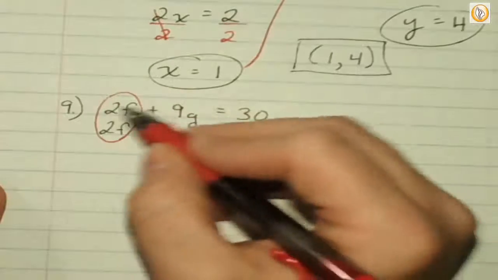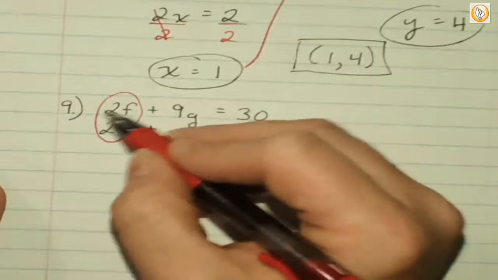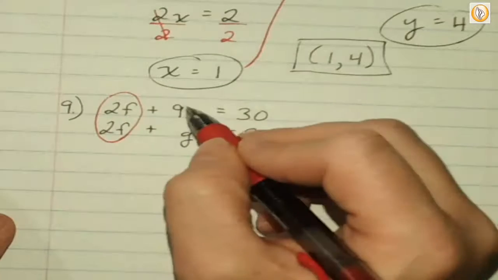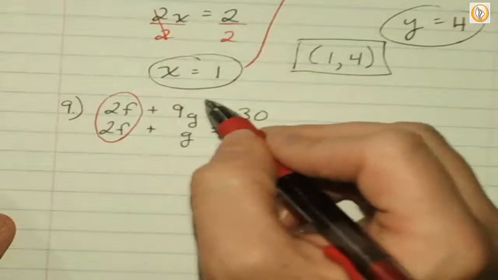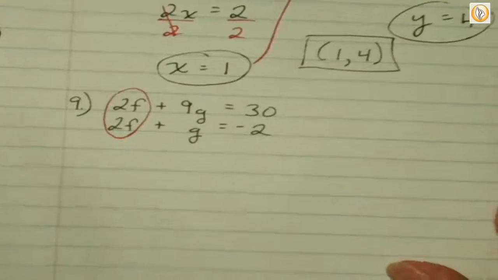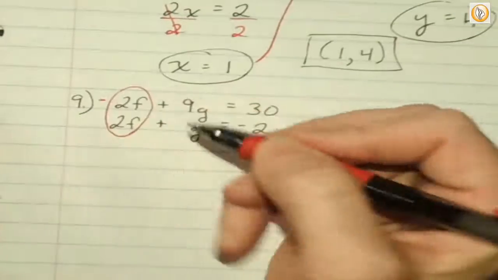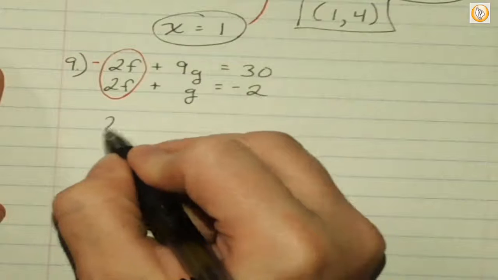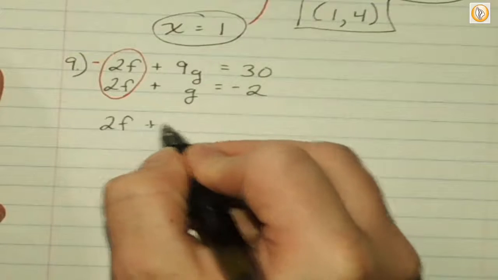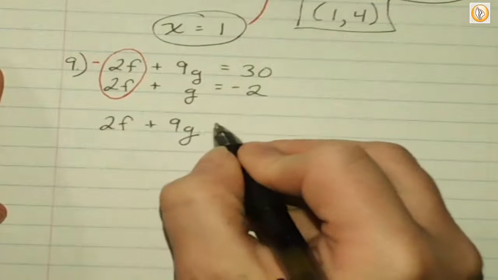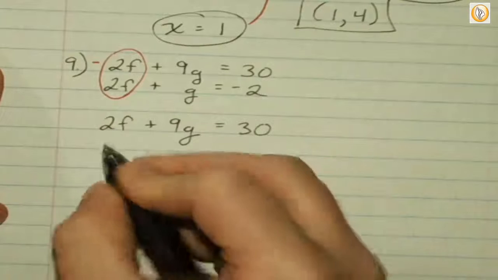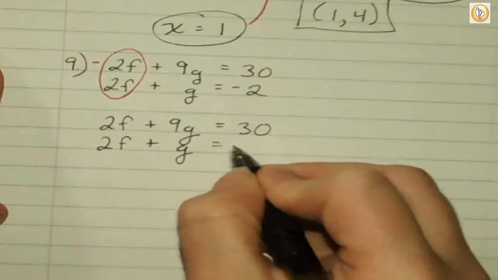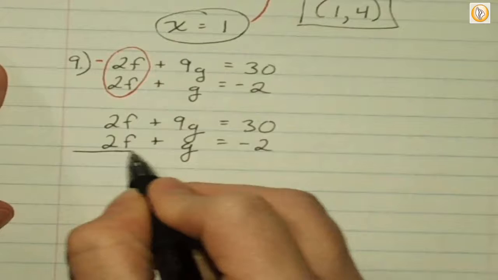So he said, let's make the first one, the one on top, negative. I mean, you could do the bottom or the top, but he said let's do the top one negative. So I'm rewriting my system, drawing my line.